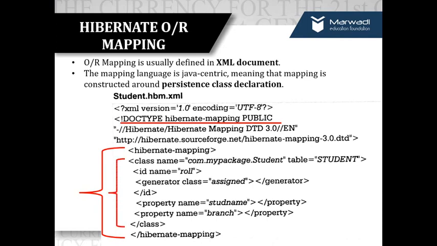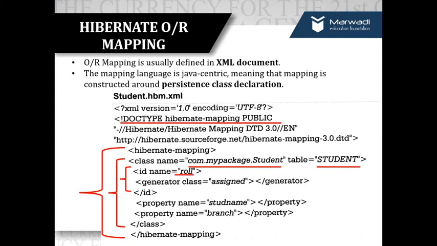So you can see there is one class definition which has a name, where the whole package name is specified, for example com.mypackage.student, that will be the package, and student is the class name. That student class is mapped onto a table called student in the database.